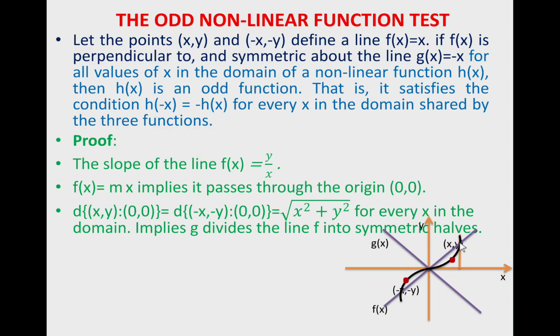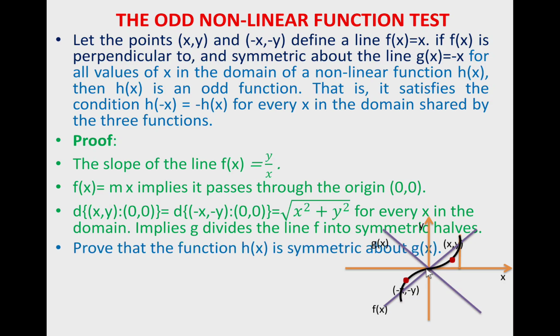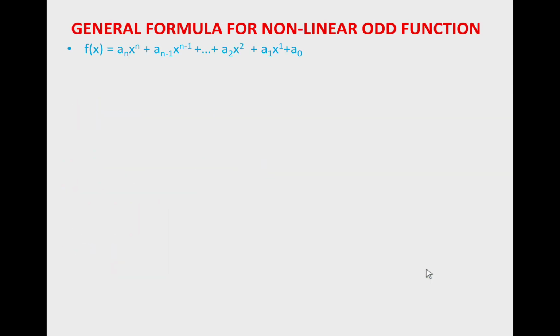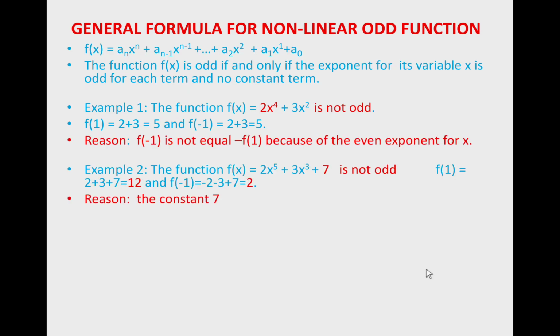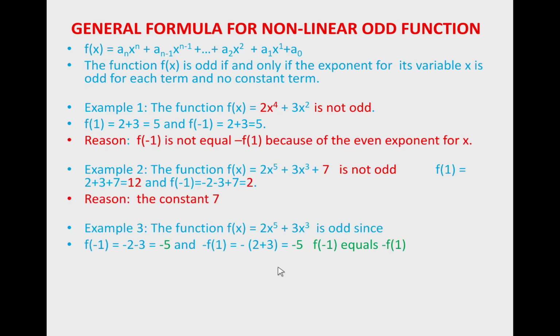So we proved that these are equidistant from the g of x with respect to the function h of x. Then h of x itself is a function that is odd. We just need to prove one of them, just like what we did over here, we just used one value to prove that this is an odd function.